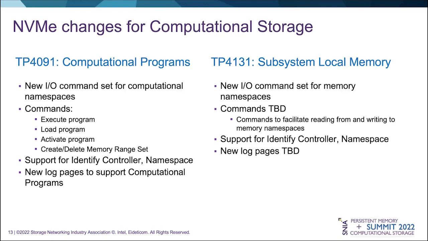The commands that we expect to have for this subsystem local memory command set are TBD, but they will facilitate things like reading from and writing to memory namespaces from host memory, probably supporting copying from things like NVM namespaces into these memory namespaces and vice versa. There will be associated identify data structures and log pages to facilitate all of that.